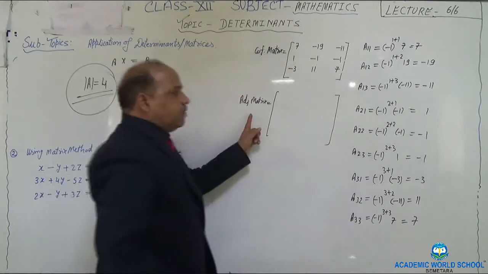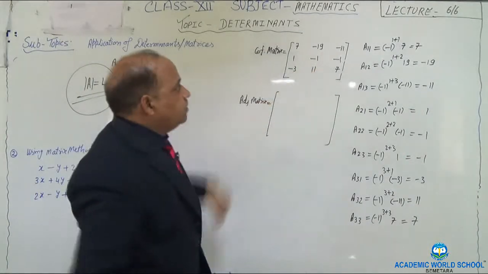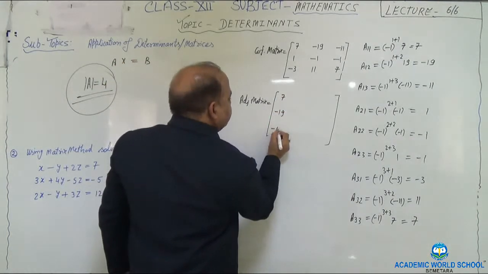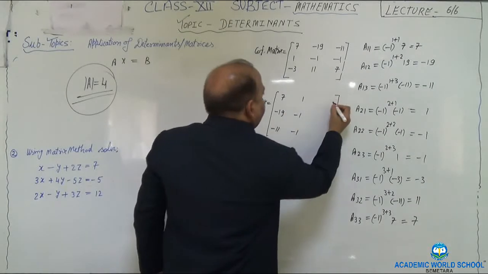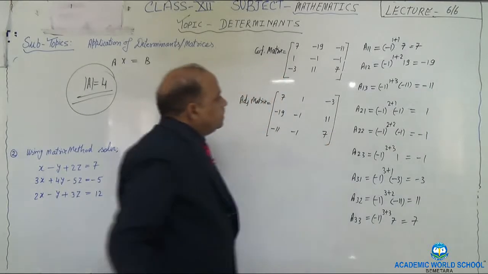Adjoint of that matrix is nothing but the transpose of this. So write down the transpose. It will become 7, minus 19, minus 11, then 1, minus 1, minus 1, and then minus 3, 11, and then I get 7.